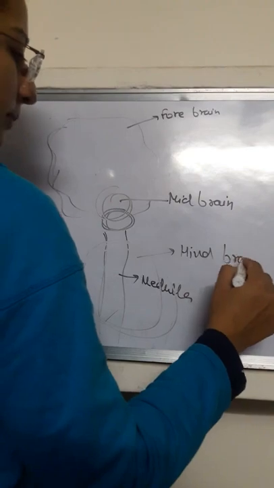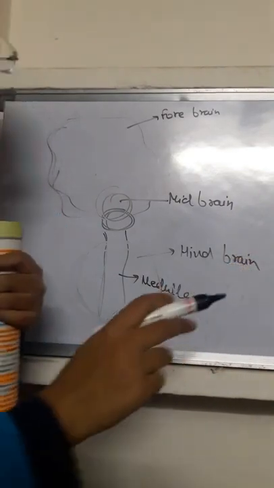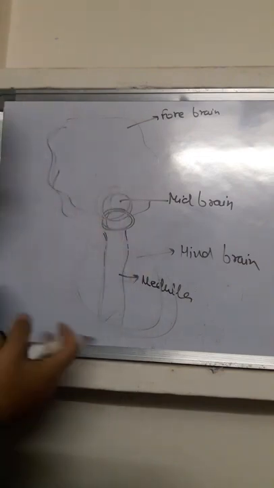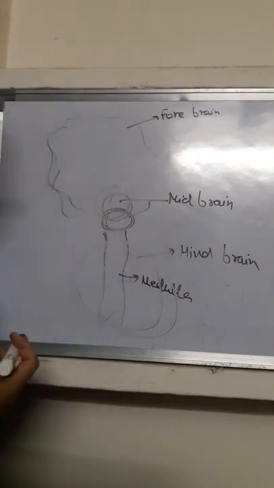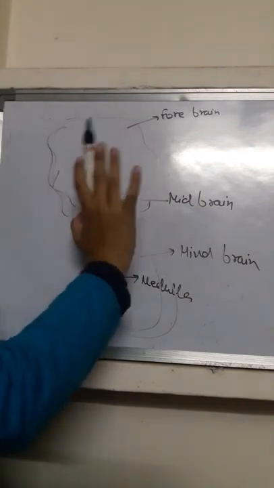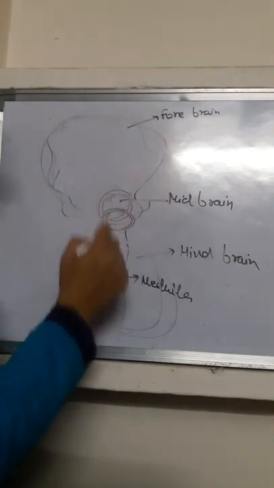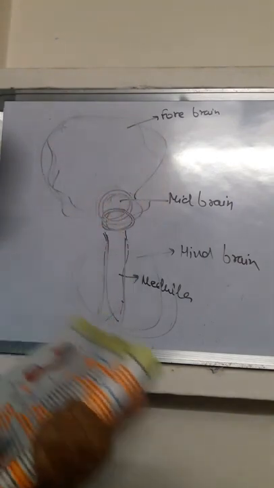This chapter does not focus mainly on the structure of the brain; we will discuss the complete structure in the concerned chapter. Briefly, this portion is called the forebrain, this is the midbrain, and this is the hindbrain.